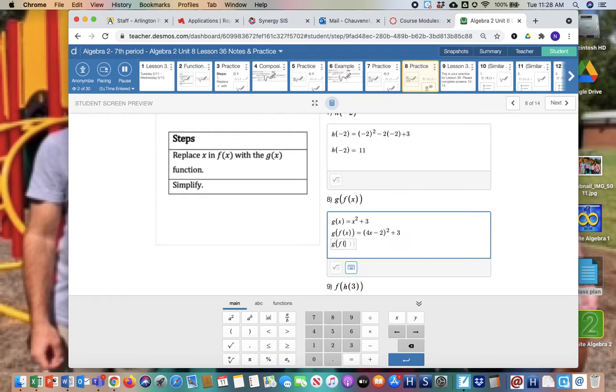Okay, so when I do that, we're going to continue to show our steps here. g of f of x equals, and let's remember that 4x minus 2, squared, really means 4x minus 2 times 4x minus 2.